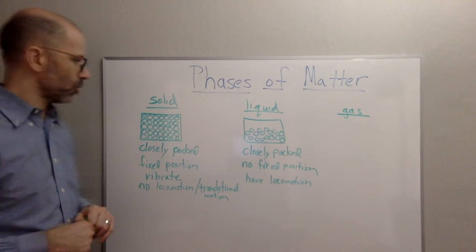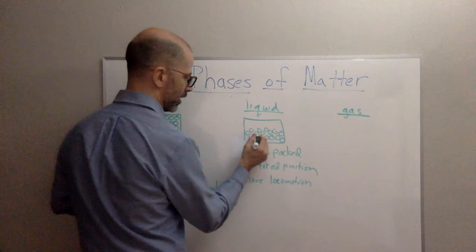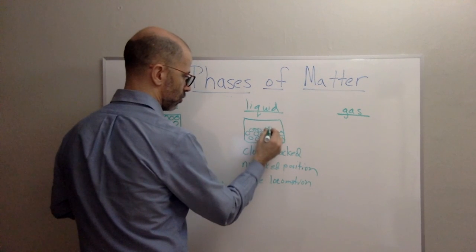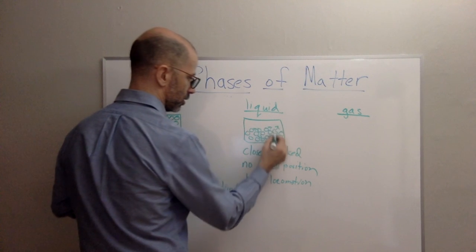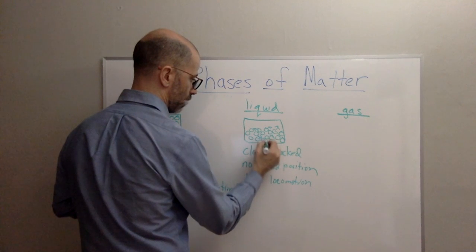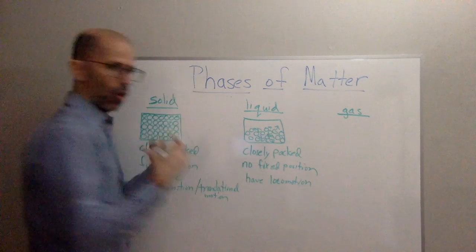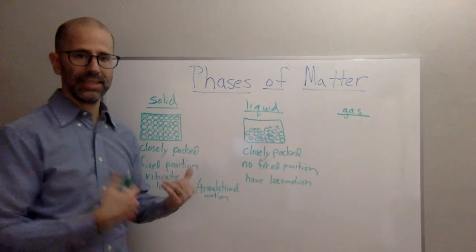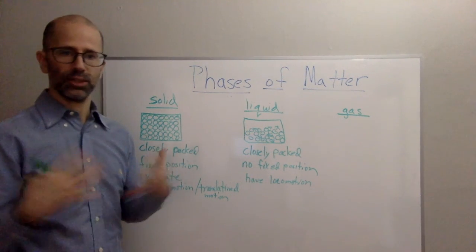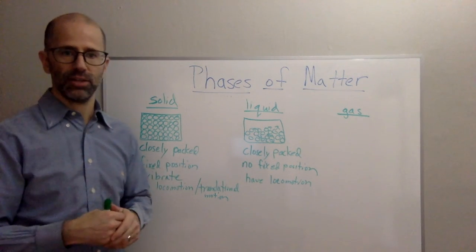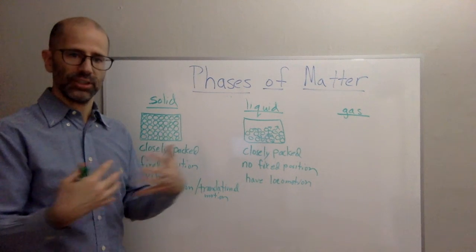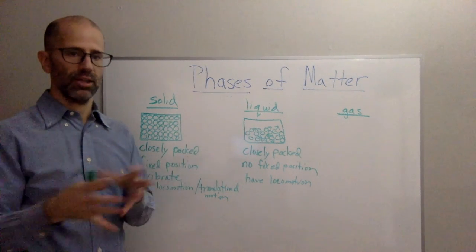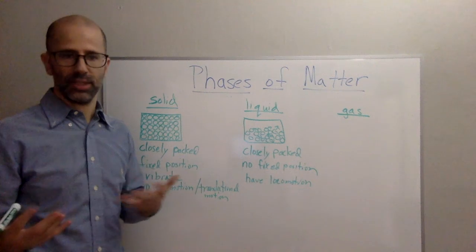Okay, so if I draw arrows in here, the atoms or molecules can move around, but they're not going to move away from each other, right? In this case, the intermolecular forces, and we'll get to that in another episode, the attractive forces, are still strong enough to keep them pretty close together. They're not going to be moving away from each other unless the liquid evaporates.